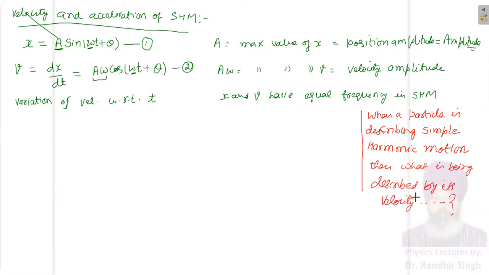I give you two options: motion or oscillation. Please remember, the particle is describing motion, and velocity will describe motion or oscillation. Give me the answer. Out of these two, only one is correct.